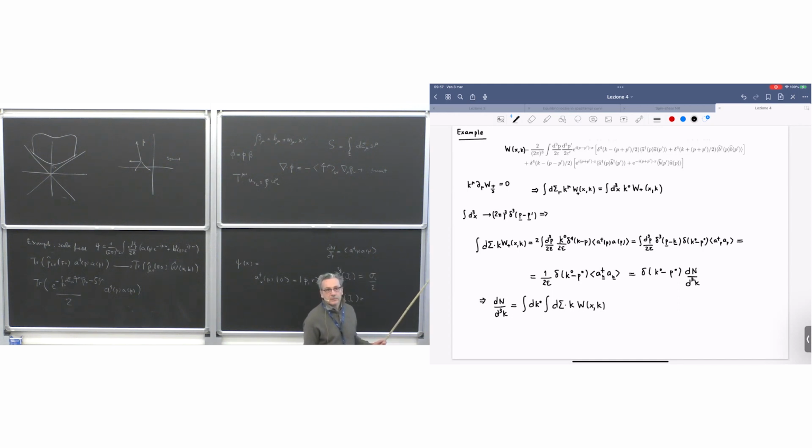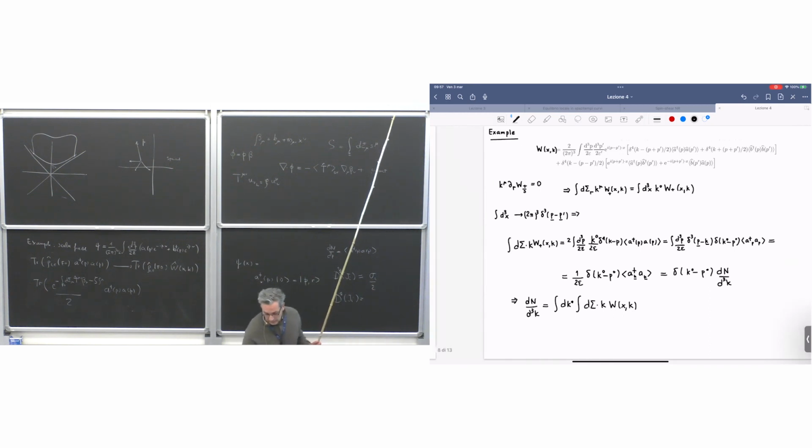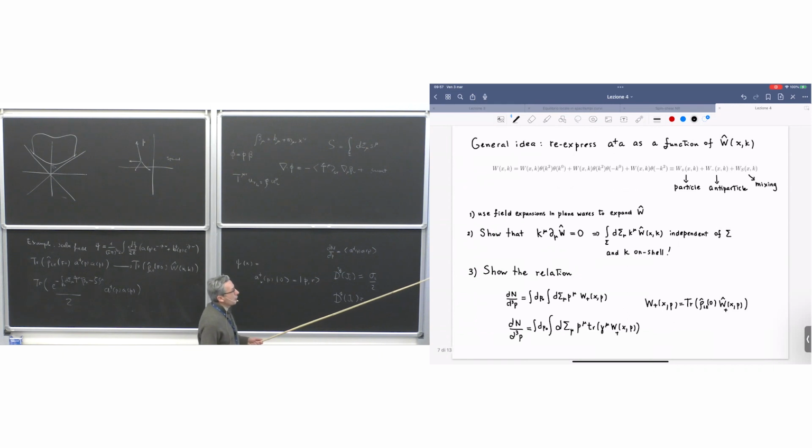As I told you, I cannot go through all steps in detail. However, one key point is the following. It is possible to show that k mu d mu of the operator W, k mu d mu W, is equal to 0. That is a very important point, because that means that the divergence of k mu W is 0.